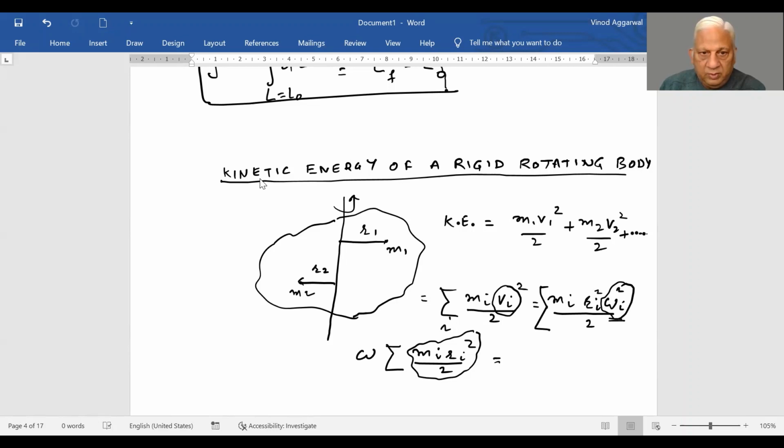Sorry, this was omega square. This portion we have seen earlier. This is nothing but moment of inertia. So the kinetic energy of a rotating body is I omega square by 2.